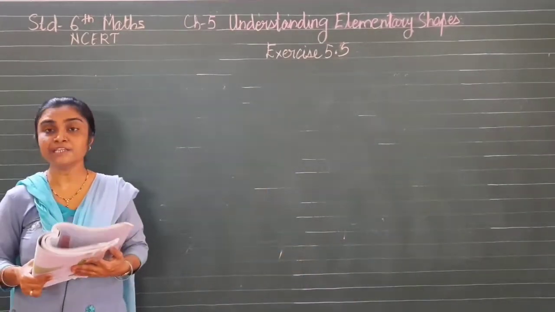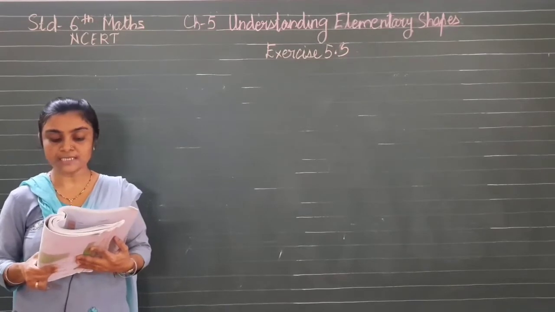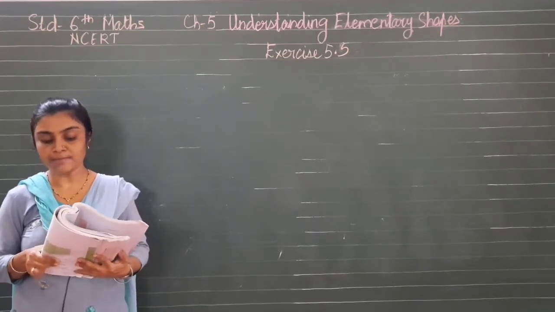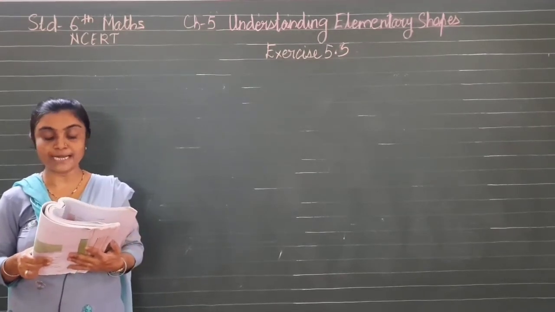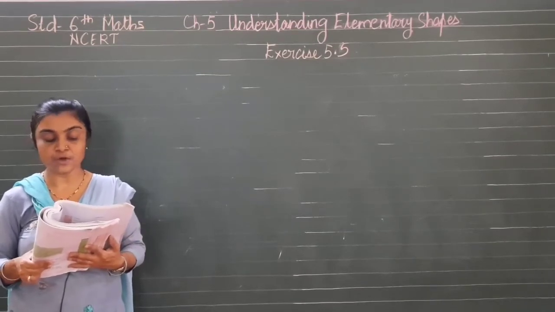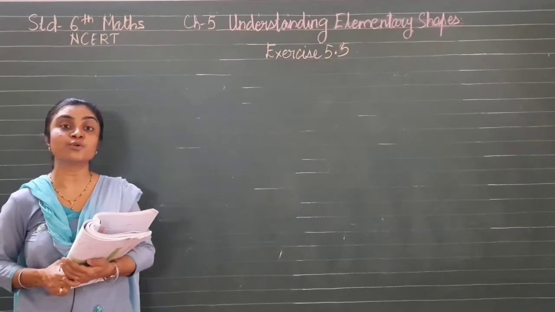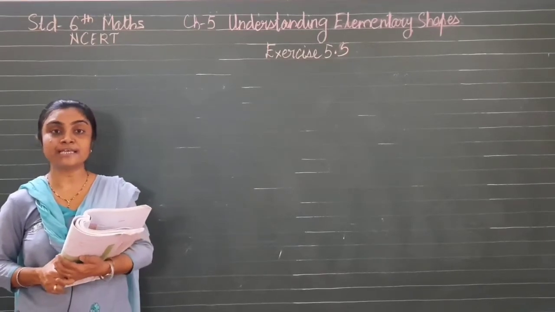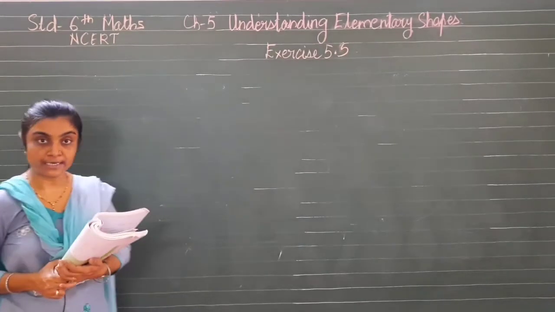Now question number 3. There are two set squares in your box. What are the measures of the angles that are formed at their corners? Do they have any angle measure that is common? So in your geometry box there are two set squares. You have to measure their angles with the help of protractor.